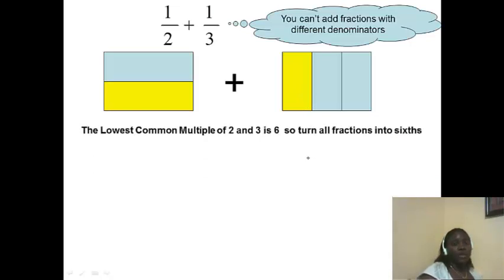Here, we already know that the lowest common multiple is 6. So we turn the fractions into sixths. We cut this so I get 6 spaces, and I cut this so I have 6 spaces. Now they are all equal. Do you see this? Now they are cut the same way. Now I'm able to add.